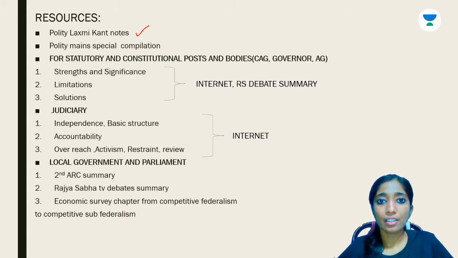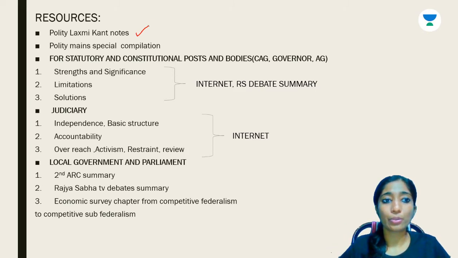For example, for constitutional bodies, just to see the article of that particular body, you can take CAG as an example. In CAG, what is the article associated with it? What are its basic functions? These two things I used to refer from the Lakshmikant notes of prelims.